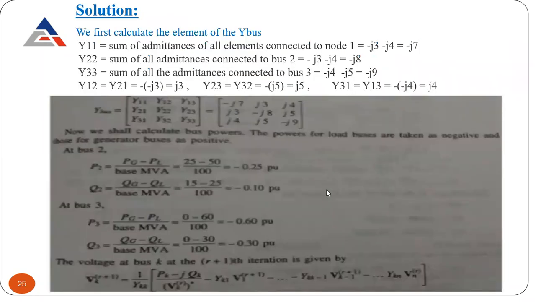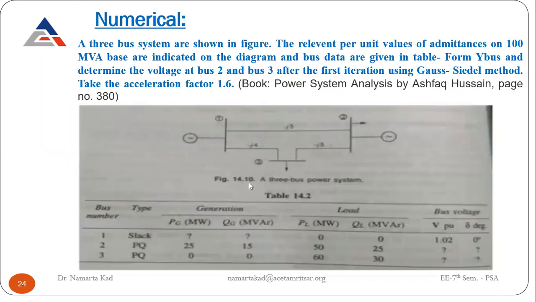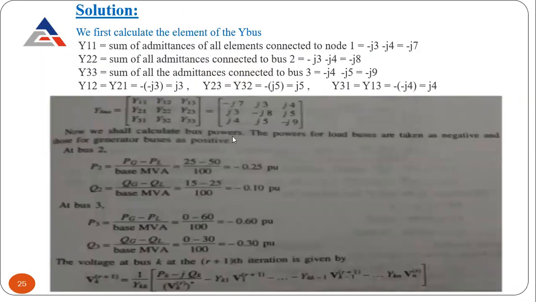Here in this numerical, also we have to follow the same steps. The first is to formulate the Y bus. Okay, as here again, it is a 3-bus system. So Y bus comes out to be a 3x3 matrix. So Y11 is -j3 -j4. If you add both, it comes out to be -j7.